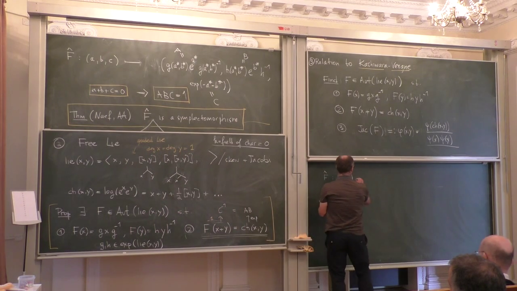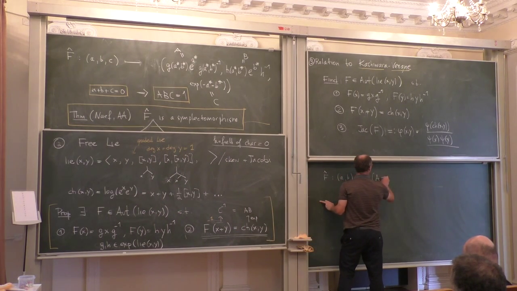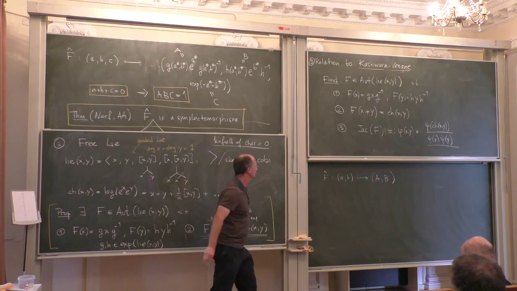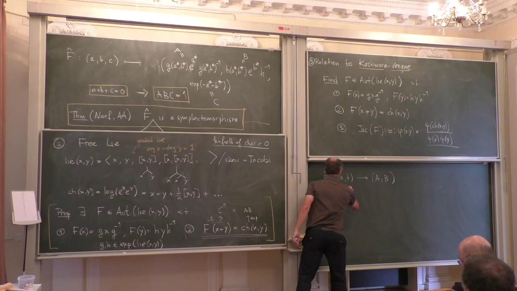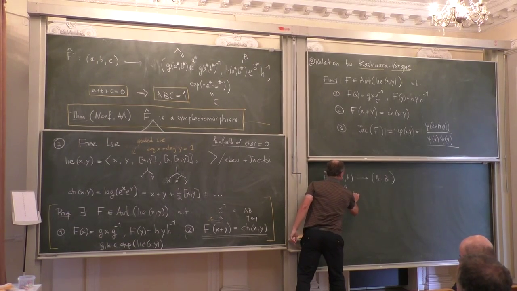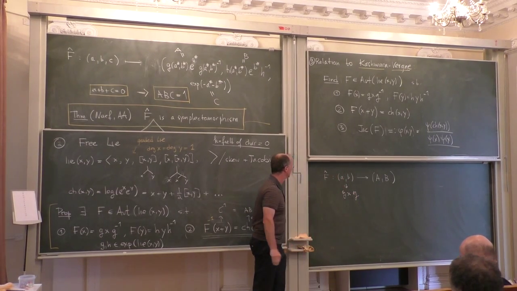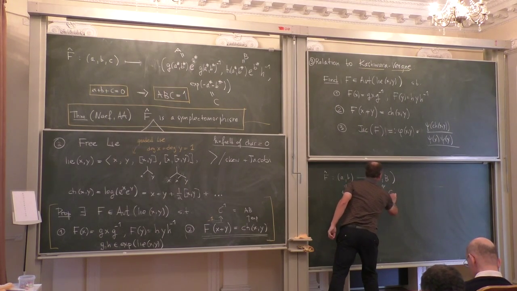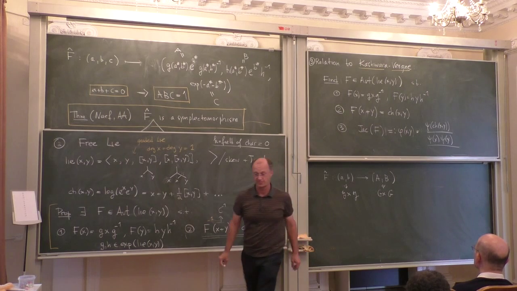So let me just think of it as a map from small a, small b to capital A, capital B. This lives in the product of two copies of the Lie algebra. This lives in the product of two copies of the group.